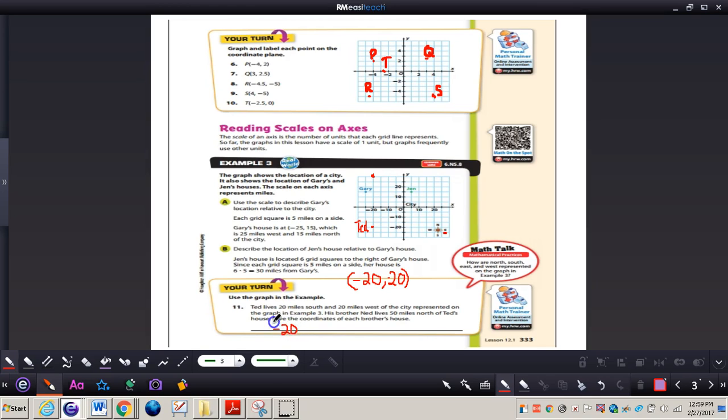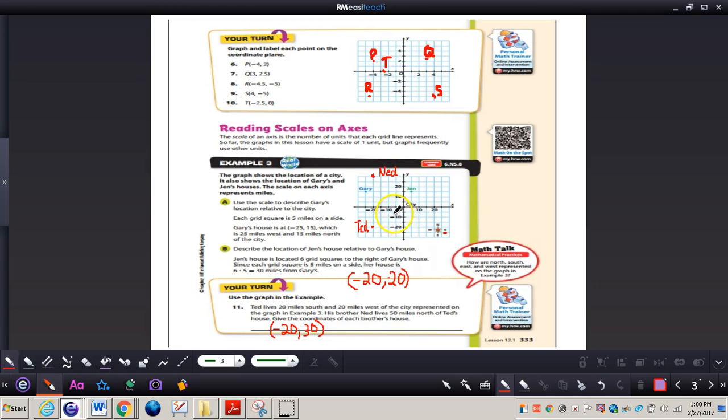So that'll be the first part of our ordered pair. And then we need to go 50 miles north, which is 10 grid boxes, which would be right in line with 30 on the y-axis. So we would have -20, 30 as the point of Ned's house.